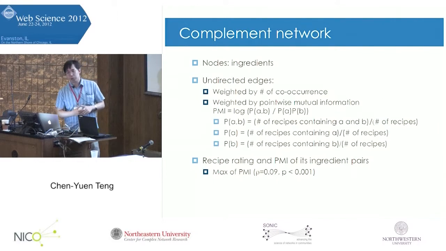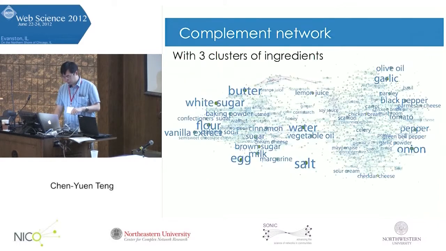We have two design choices for the weights of the network: the raw frequency of co-occurrence, or the pointwise mutual information, which measures the likelihood that two ingredients co-occur in the same recipes.